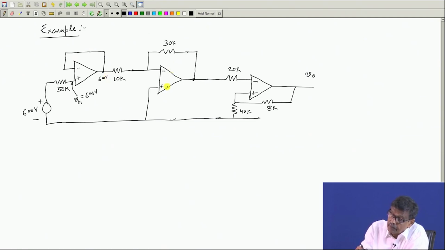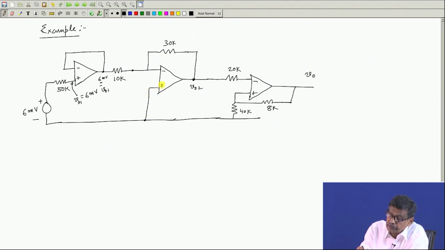Now, for this op amp, let this voltage be called V02, the second op amp. This is V01, the output of the first op amp. Now, this potential is 0, there is a negative feedback.